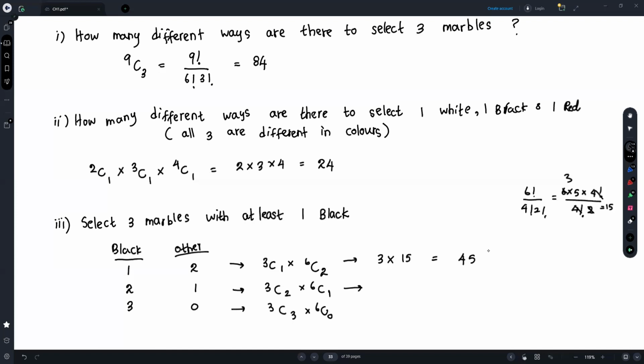The other possibility, 3 choose 2 is again 3, right? 6 choose 1 is 6, which is 18. 3 choose 3 is just 1, and this is also 1. Why?